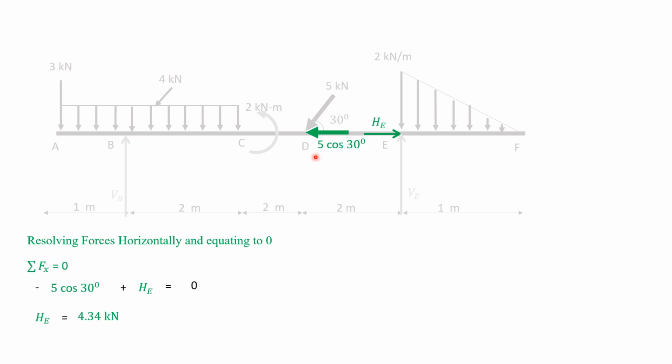Now, resolving forces horizontally and vertically. First, resolving forces horizontally and equating to 0, that is summation Fx equal to 0. This force HE is directed towards positive x-axis. This force 5 cos 30 is directed towards negative x-axis. So, plus HE minus 5 cos 30, we get HE value.